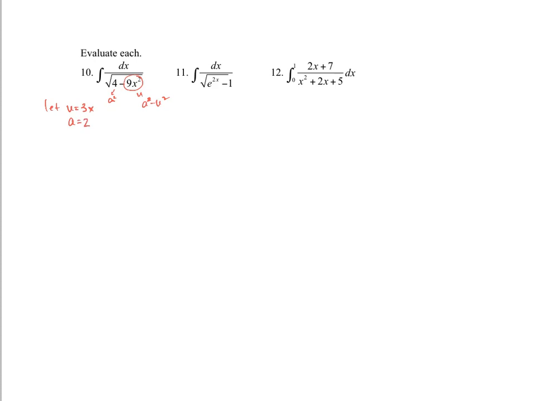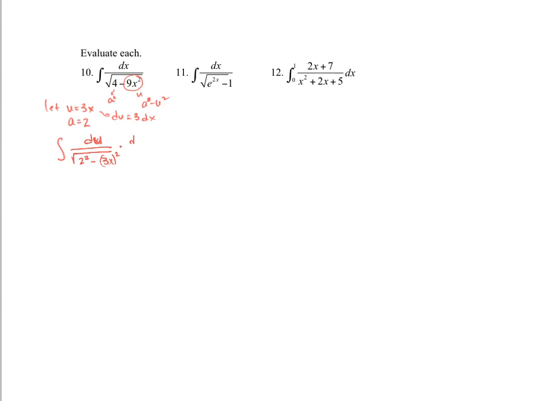So if you let u equal 3x, then you know that du will be 3 dx. So we could do the full substitution rule on this and say the integral of dx over the square root of 2 squared minus this 3x squared, and I'm going to substitute this du, so I'll get du over 3.